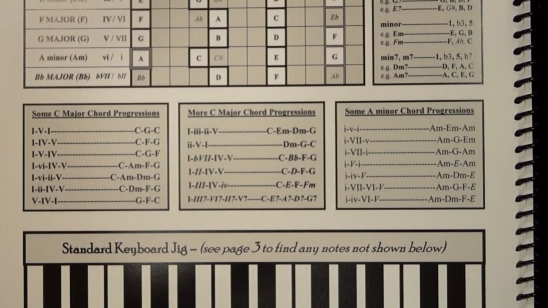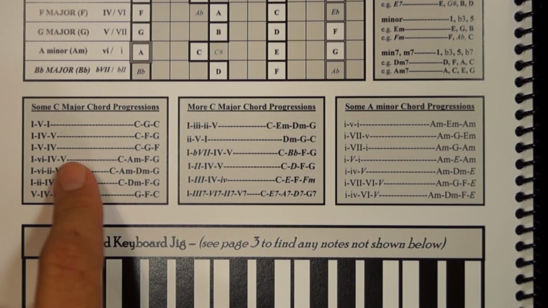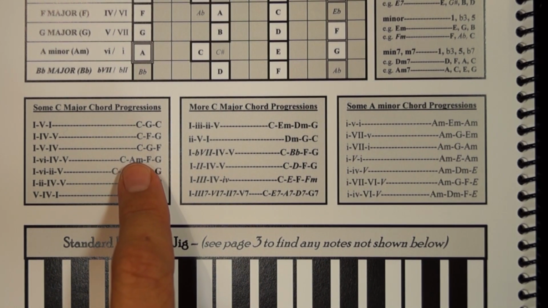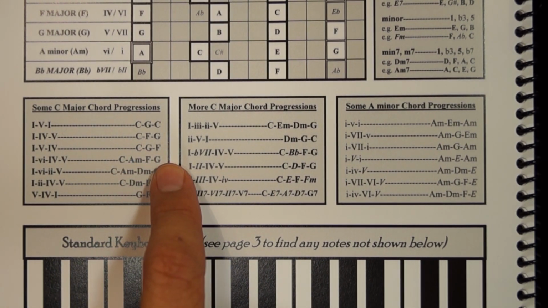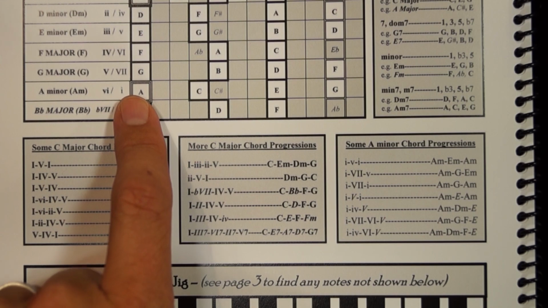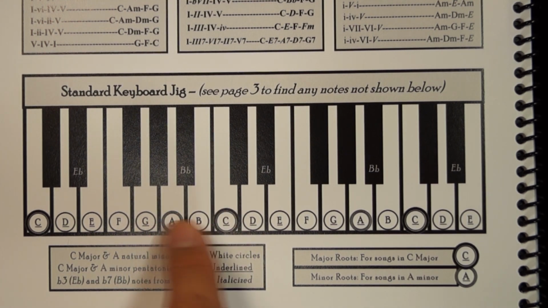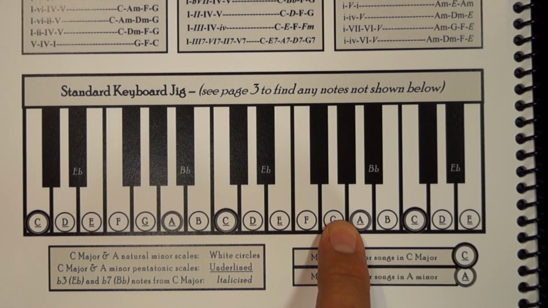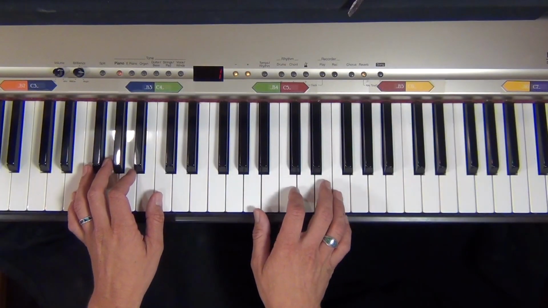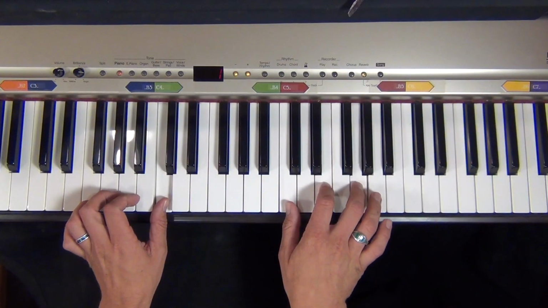So to look at a 1-6-4-5 progression, I'm going to play C major, A minor, F major, G major. So remember that A minor is the notes A, C, and E. So let's look at that real quick. So I'm going to play C major, and then I'm going to go to an A minor, and then I'm going to go to F major, and then G major. So here's C major.